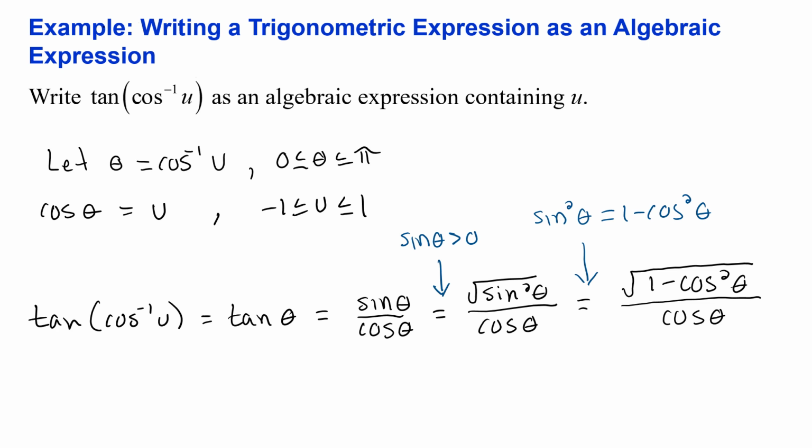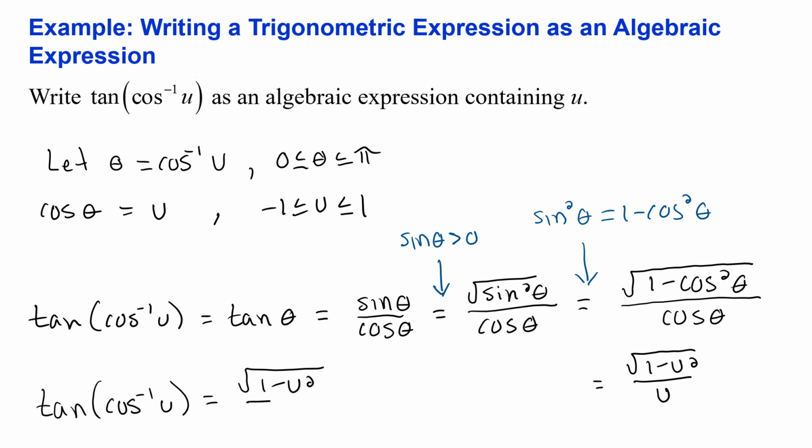Now that we have everything in terms of cosine of theta, and back in the beginning of our problem, we had written cosine of theta equals u, then our expression becomes square root of the quantity 1 minus u squared divided by u. So in summary, we have written tangent of inverse cosine of u equals square root of the quantity 1 minus u squared all divided by u.